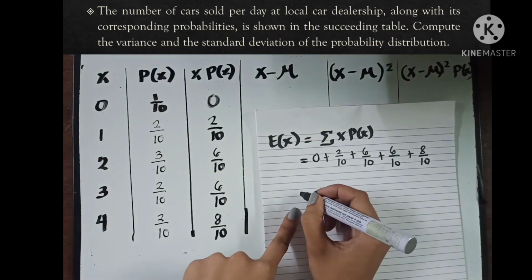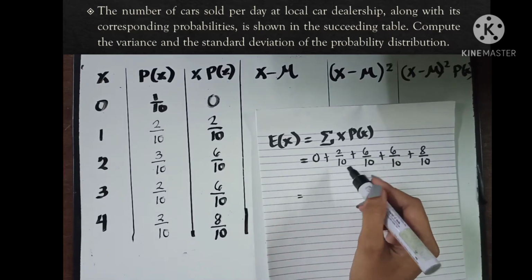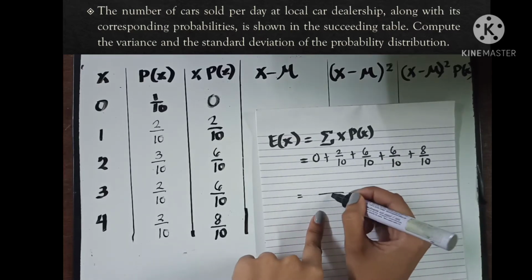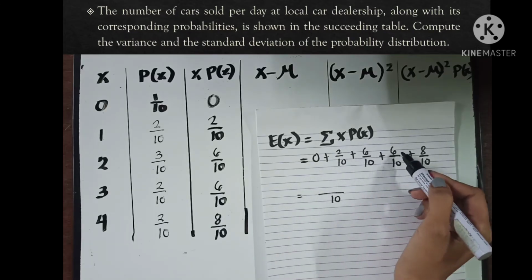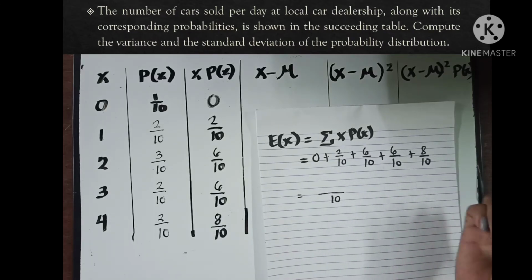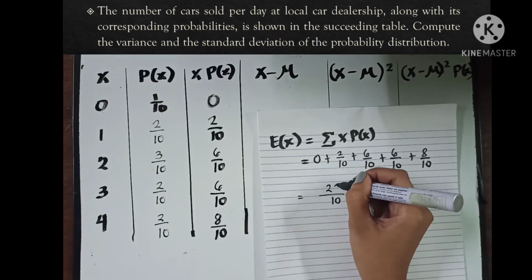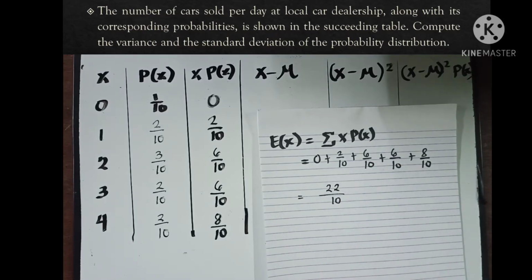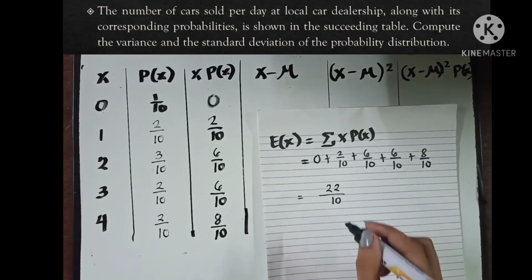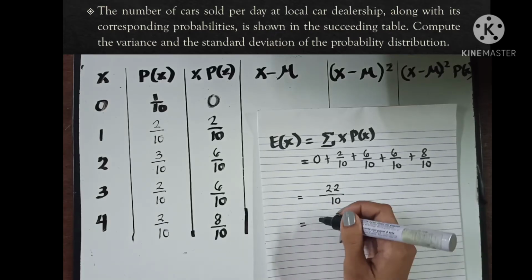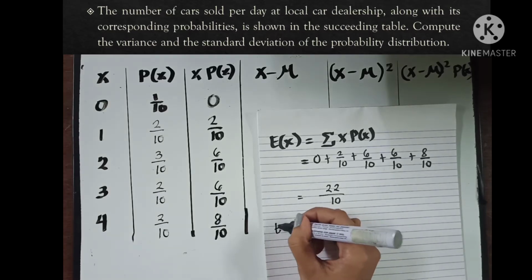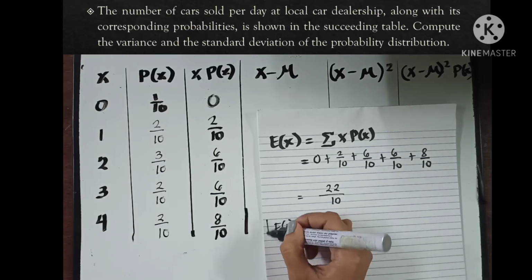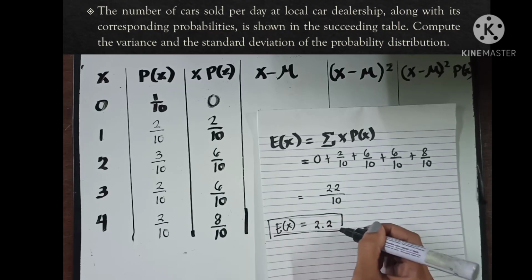Okay, and that is equal to, so, similar fraction, copy the denominator, which is 10. Add the numerator. 2 plus 6 is 8, plus 6 is 14, plus 8 is 22. Okay? So, express this in decimal. So, 22 over 10, that is 2.2. So, ang value ng E of x natin, or yung value ng mu or mean natin is 2.2.